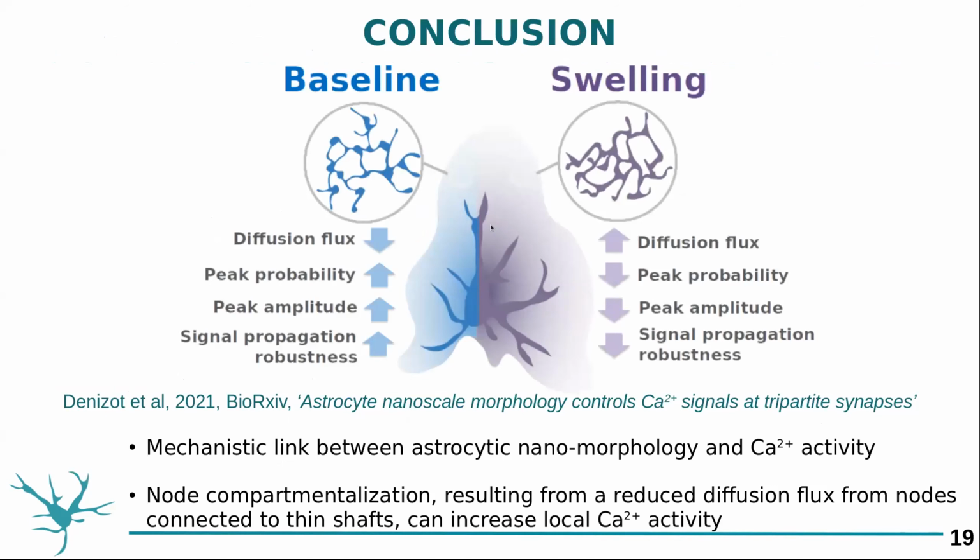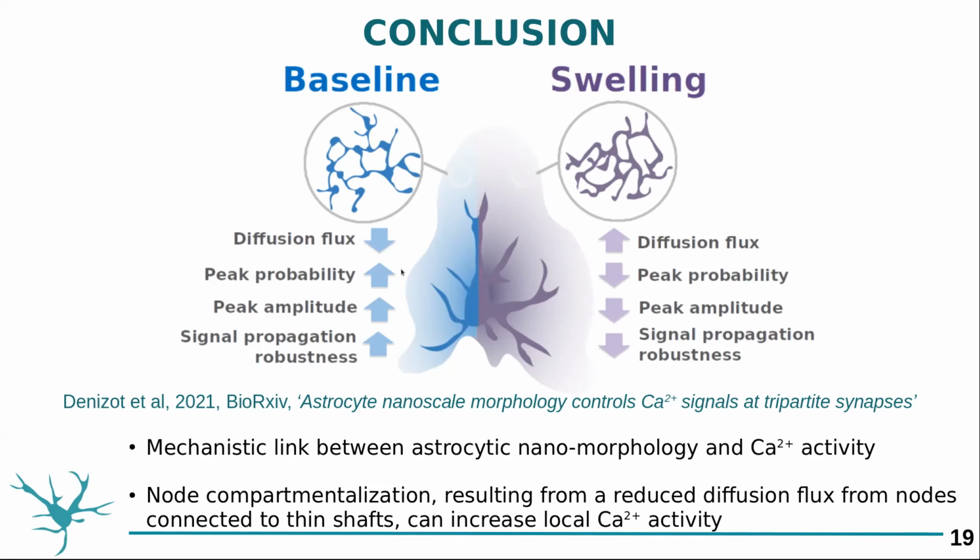So this is our conclusion so far: the morphology at the nanoscale of the astrocyte processes seems to favor a decreased diffusion flux from nodes, which increases local activity in the vicinity of dendritic spines, and this allows increased peak probability and amplitude, but also signal propagation robustness.